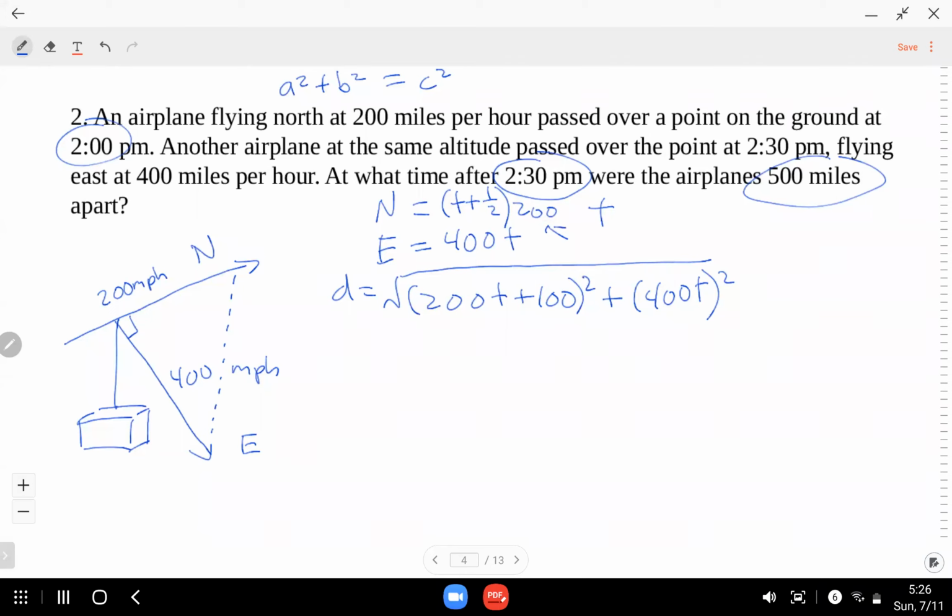So what you do is you're going to expand this and this. I mean, just simplify it, and then substitute 500 in. All right, so let's do this.